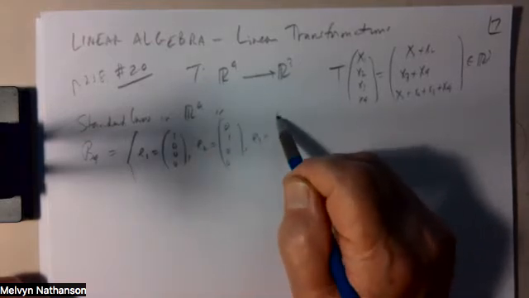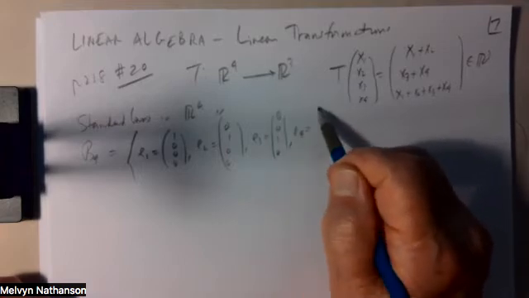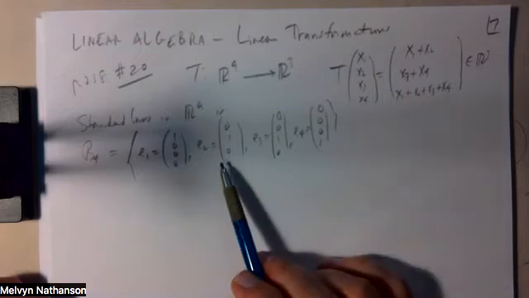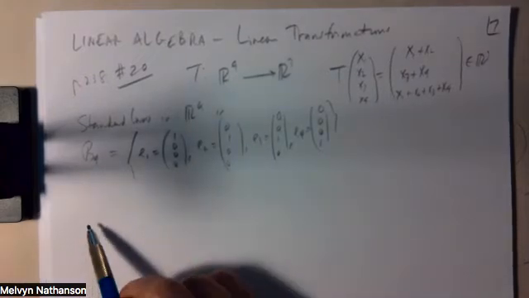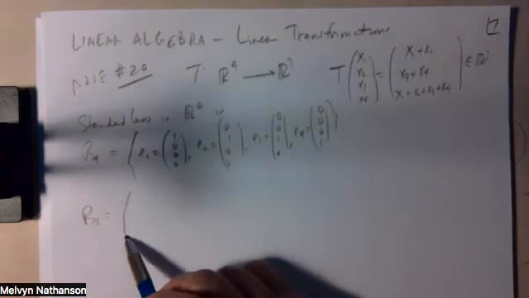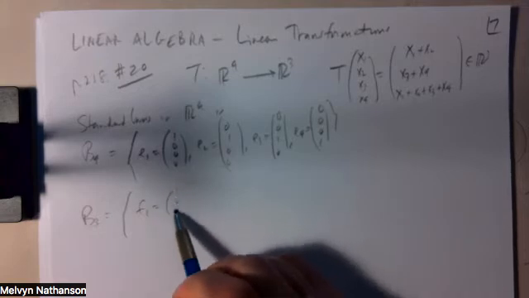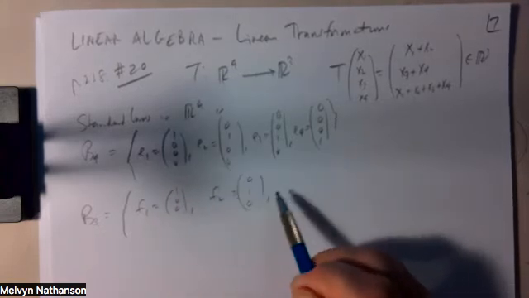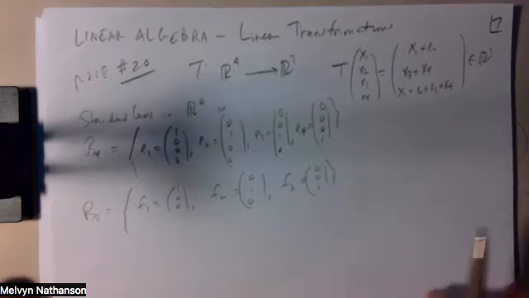E3 is 0, 0, 1, 0, and E4 is 0, 0, 0, 1. So that's the standard basis in R4. And in R3, let me call the vectors with the letters F. So F1 is 1, 0, 0. F2 is 0, 1, 0. And F3 is 0, 0, 1.